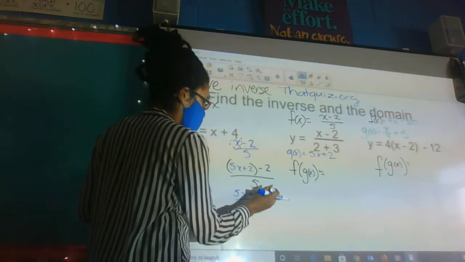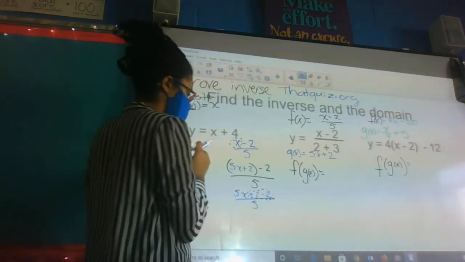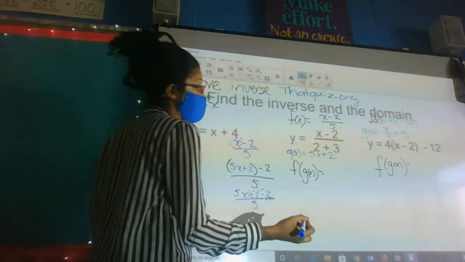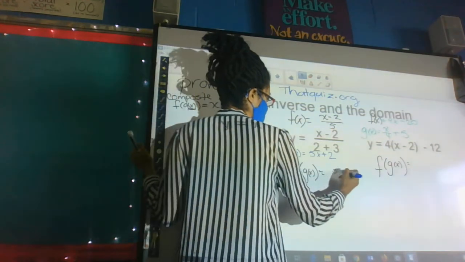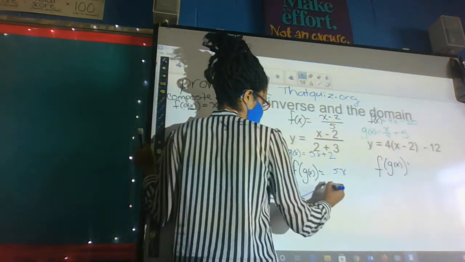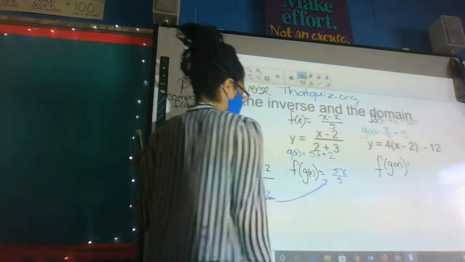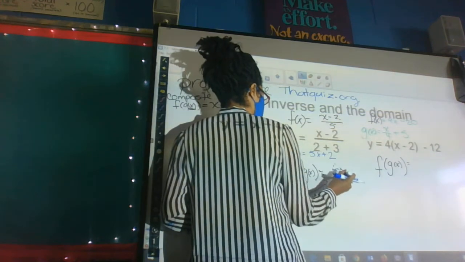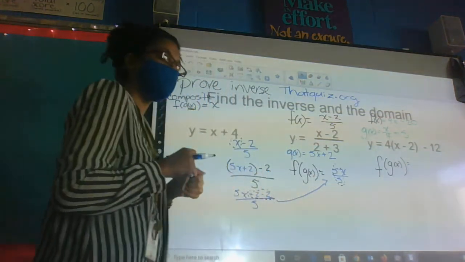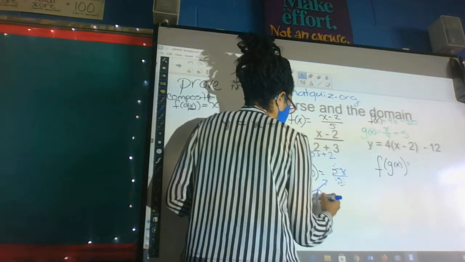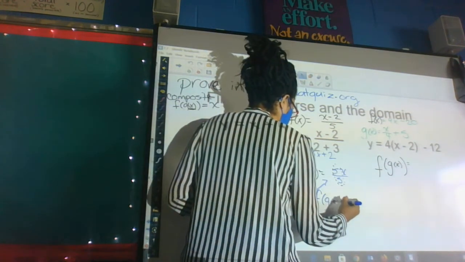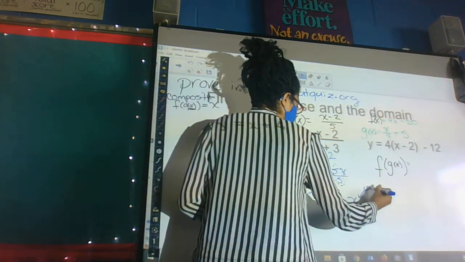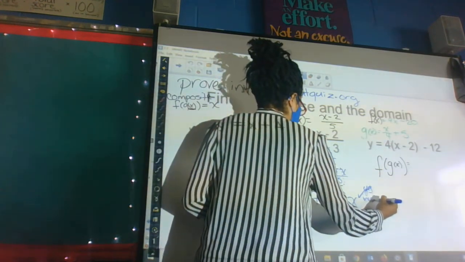And then I combine my terms. So the plus 2 minus 2 cancel out. And I know you can't see the back, so I'm going to continue it over here. So then we get 5x over 5. But then the identity property of division cancels those out. So then you get g of x composite inside of f of x would equal x. So yes, it is an inverse.